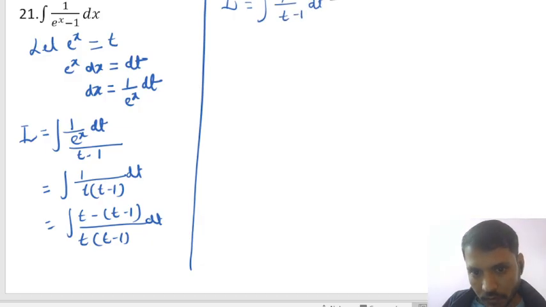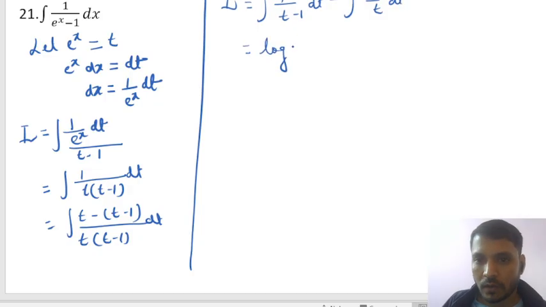I am writing separately, and minus, here t minus 1 will get cancelled out, 1 by t into dt. This will give log of mod t minus 1, and minus log t, plus c.